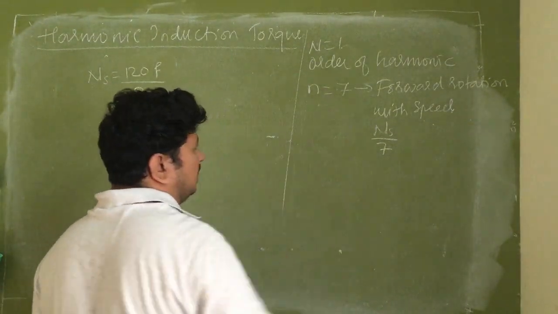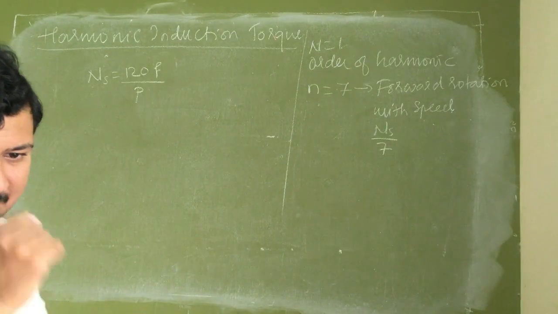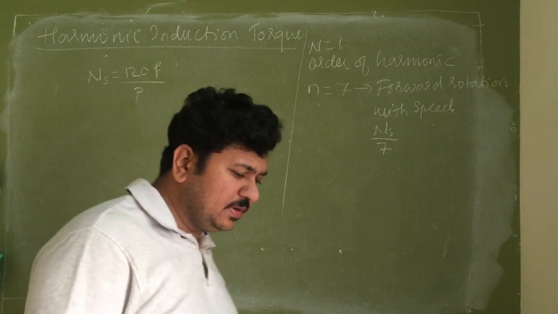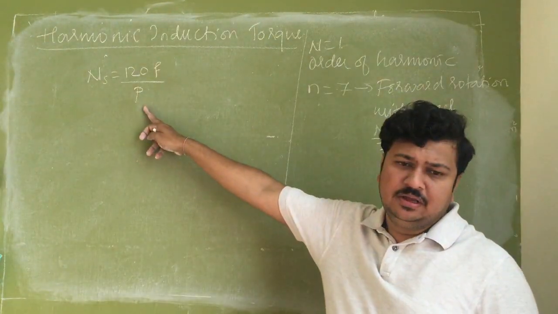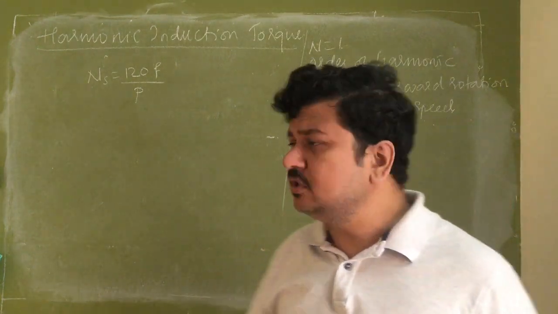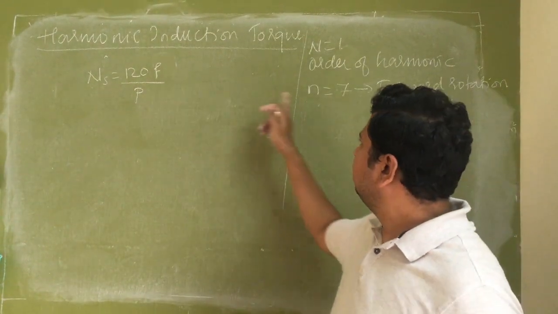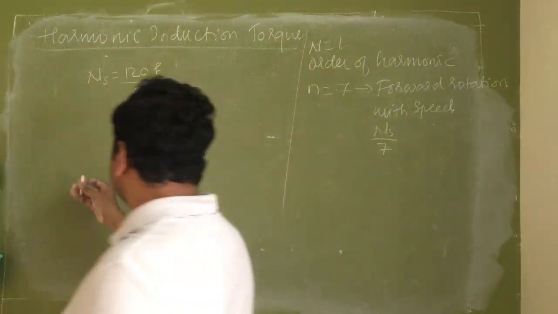For n equal to 7, for the 7th order harmonic there will be 7 times the poles. If there are p poles for the fundamental, then there will be 7 times p poles for the 7th order harmonic.